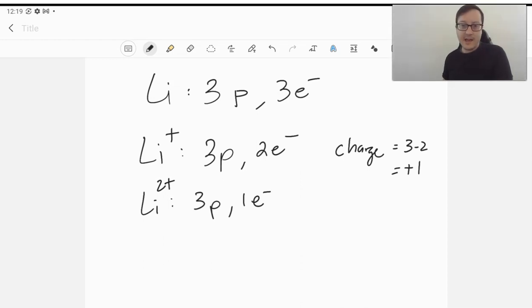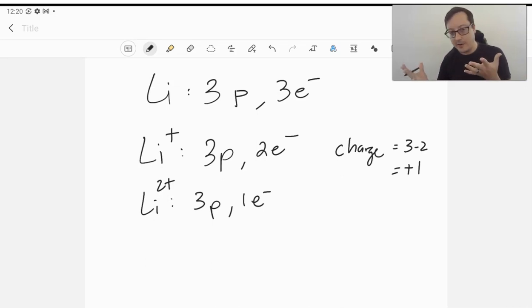It's again not likely to happen, and that's something we'll find out why later on in the semester. But suffice it to say right now, lithium 2+ doesn't normally exist, but we could theoretically make it. And we would write it like so: Li, the abbreviation for lithium, and 2+, indicating that its charge is plus 2.